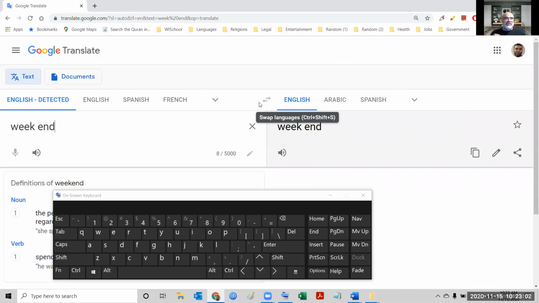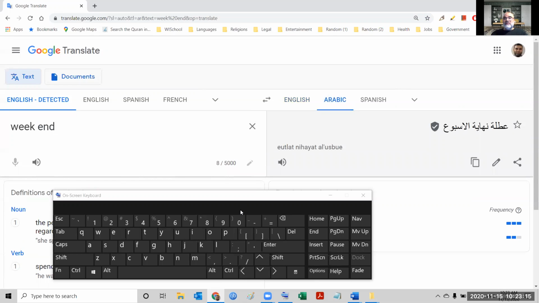There's a space in between, intentionally meant. It's not weekend, one word. I intended week, space, end. Two nouns, one qualifying the other. And you want to see what it is in Arabic. So in Arabic, it says عطلة نهاية الأسبوع because it's thinking about weekend, one word.